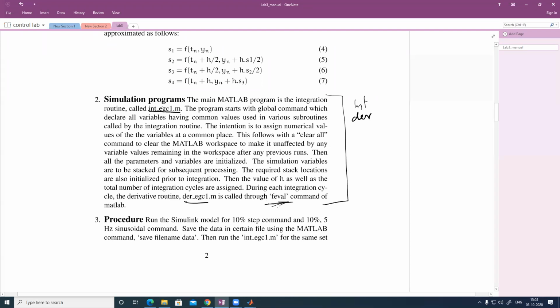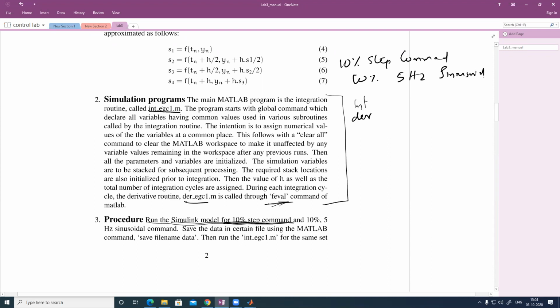The procedure is that you have to run the Simulink model that you did earlier, with some modification. You have to run the model with a 10% step command amplitude. Since you are doing a nonlinear system, the input matters. So you have to do a 10% step command and a 10% 5 Hz sinusoidal command.